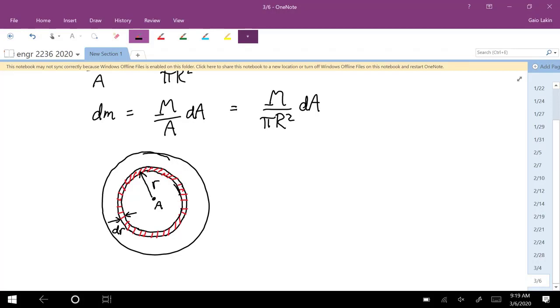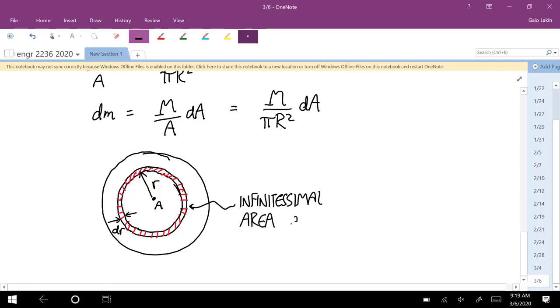Okay. So how can we come up with an expression for the area of that infinitesimal ring? So this is our infinitesimal area. What we're going to do is break this apart somewhere, stretch it out, and now it's just a long, infinitesimally thin rectangle.